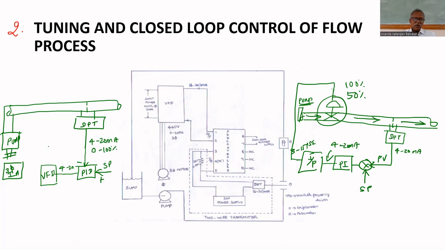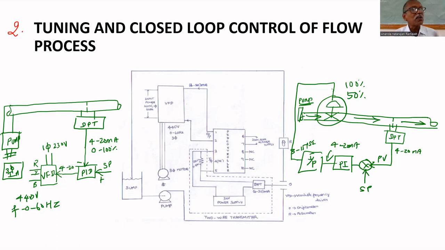If we give 4 to 20 milliamps and power supply to this, single phase or 3-phase depending upon the design. Here in our lab, we have single phase 230 volt power input to this VFD. If we give 4 to 20 milliamps, it will give the output RYB, 3-phase output, 440 volt, but frequency is varied from 0 to 60 hertz.